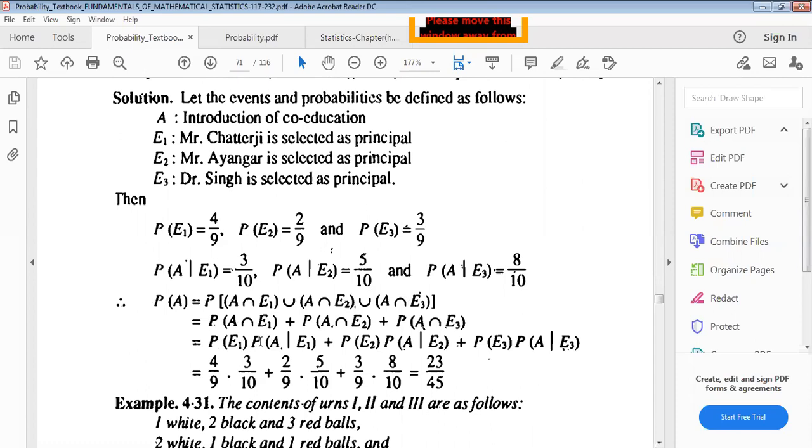Probability of E1 multiplied by probability of A given E1, plus, this is also conditional probability using the first theorem, the conditional probability theorem, probability of E2 times probability of A when E2 has happened, plus probability of E3 times probability of A when E3 has happened. Just putting in the values. We have the values from the question. This is the result.